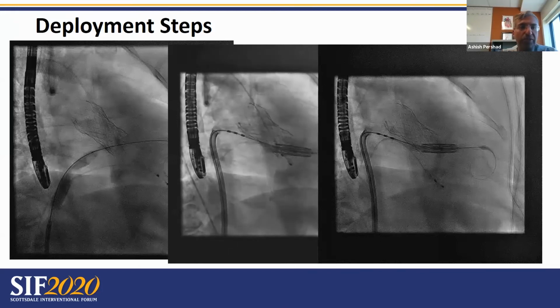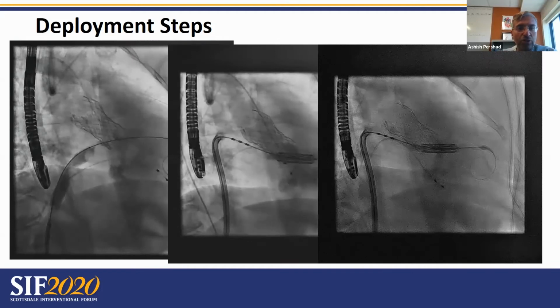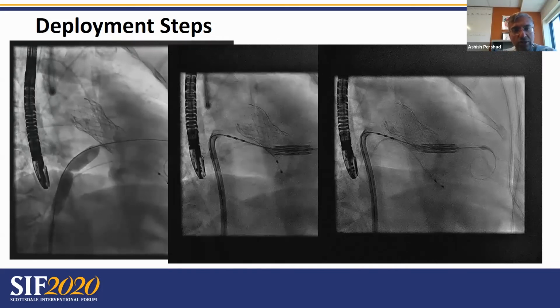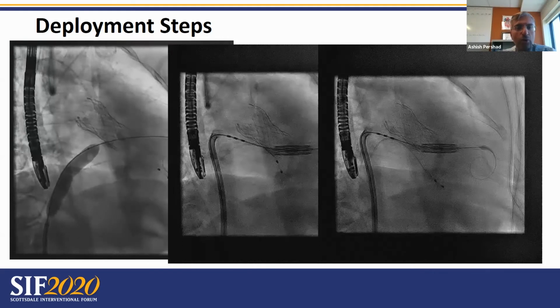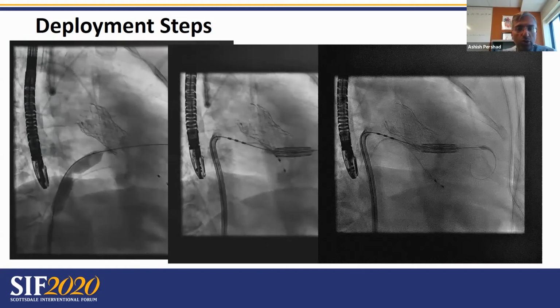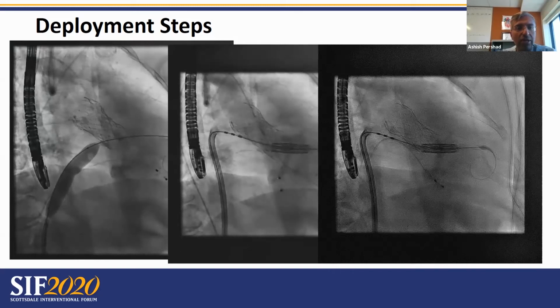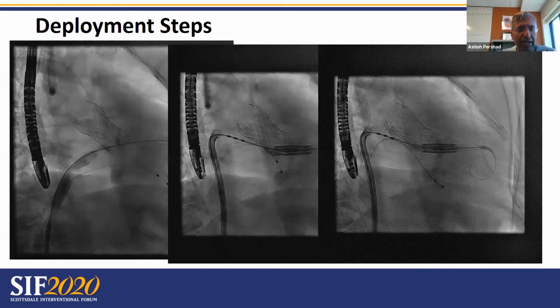Once we've done all the homework and created the environment suitable for advancement of an E-sheath, we then have certain modifications. We don't sew the E-sheath in to the right femoral vein. We will make sure that we are able to load the valve in the inferior vena cava just before entering the right atrium.